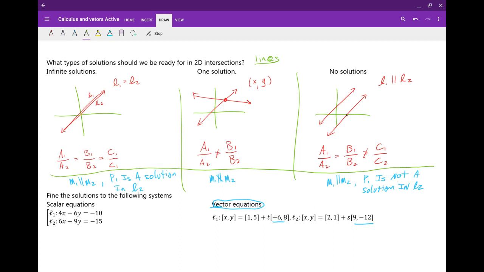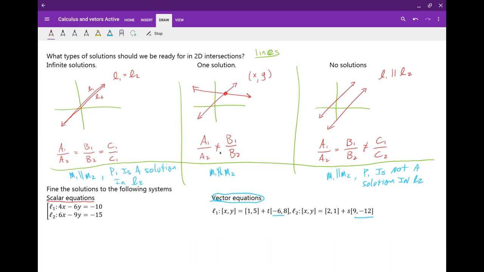I've drawn pictures of them, all right? If the equations are given to you in scalar format, you would take this approach. If they are given to you in vector format, you would take this approach here, okay?